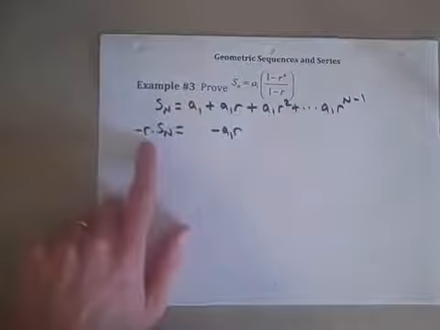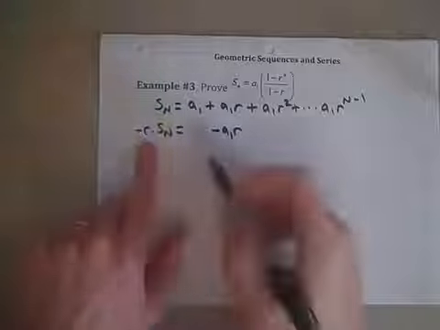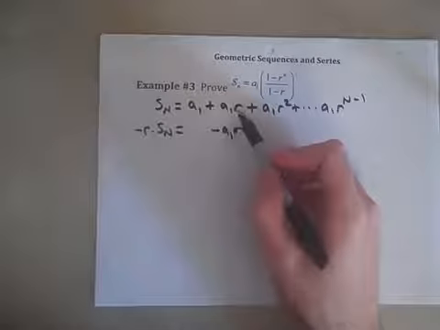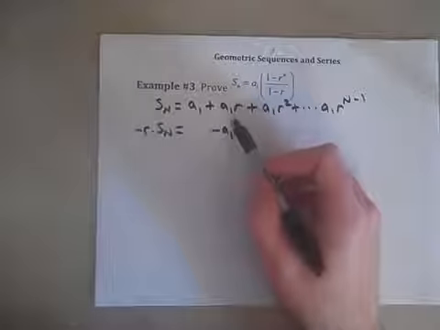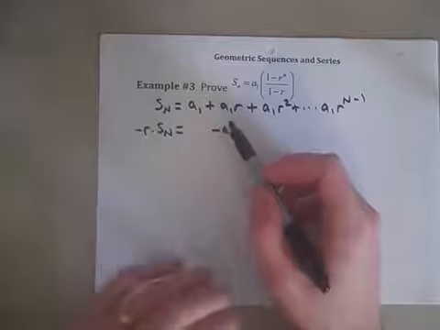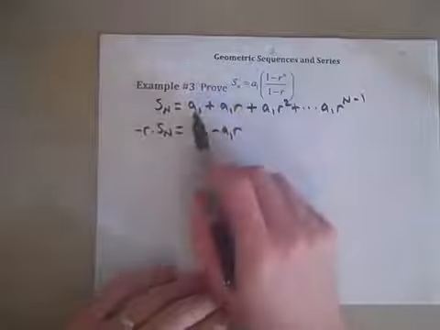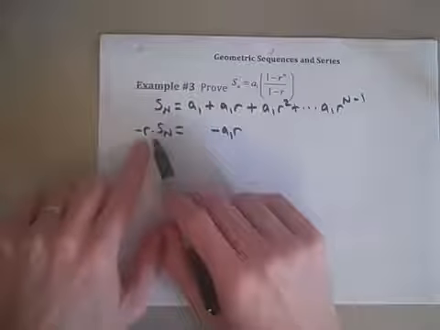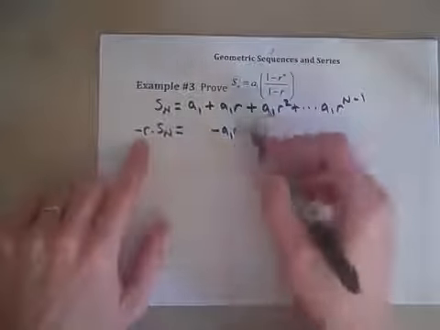So I just took a sub 1, there it is. Sorry, guys. So here, a sub 1 times -r is negative a sub 1 r.